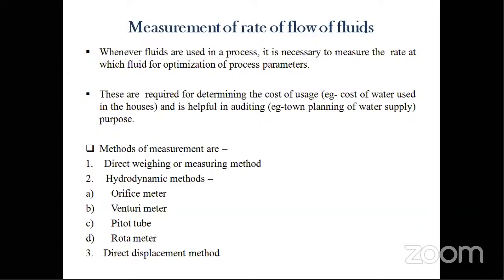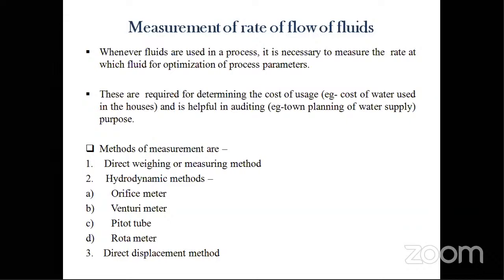So when we are dealing with different kinds of viscous fluids or liquids, the rate of flow measurement is necessary, because whenever a flow meter is attached, in our house or in any type of pharmaceutical industry where the flow of fluids is always recorded, a flow meter is attached to the pipeline, and the function of the flow meter is to determine the rate of flow of fluids and the velocity of flow of fluids.